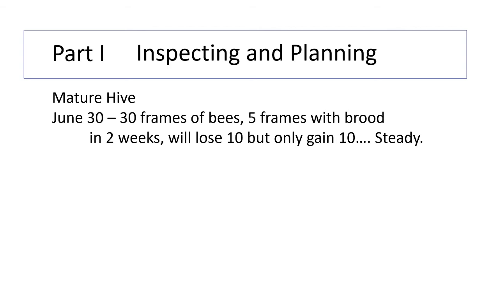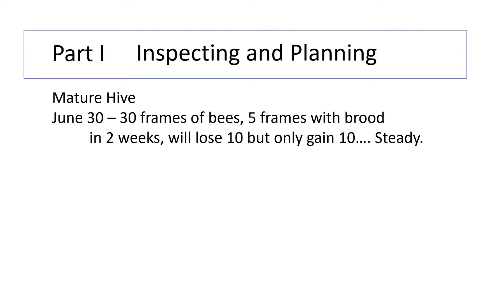But this is the phase where the hive is transitioned from they're a startup, they're growing, to they're becoming consistent population. They have 30 frames of bees. They have 5 frames with brood, and in 2 weeks they're going to lose 10 frames of bees. What? Yeah. When they are little sisters, it really shortens their lifespan.